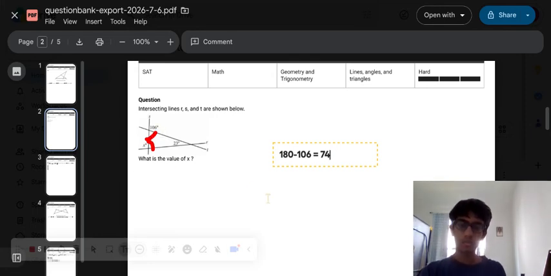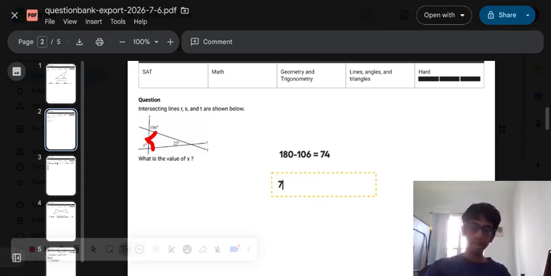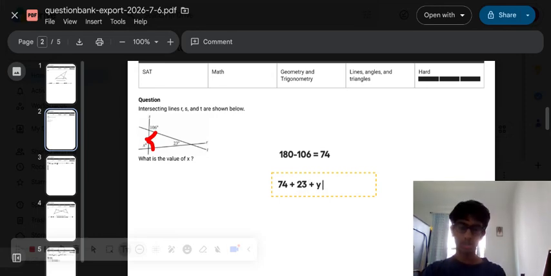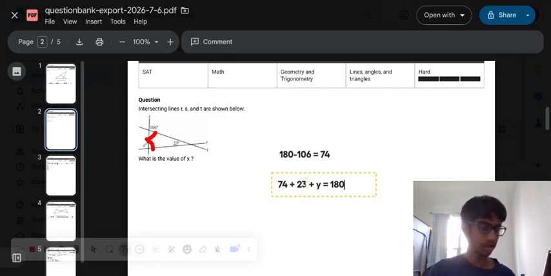And then 74 is one angle, and we have 23 as the other angle. And then we say Y is our third angle, and this should be equal to 180. We can again use our calculator, 74 plus 23, subtract from 180, and we get 83.